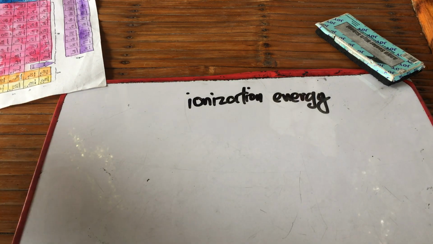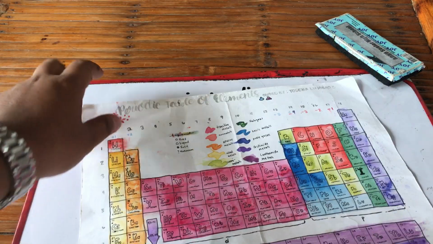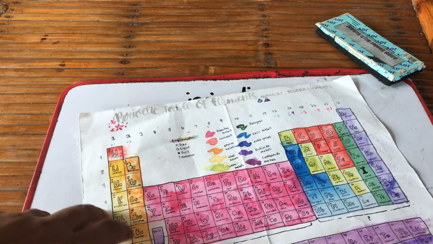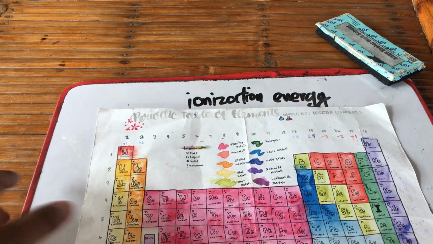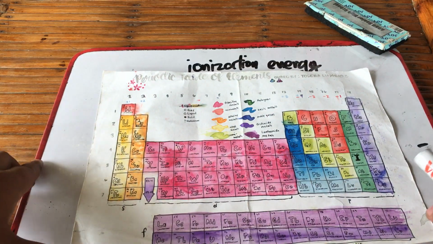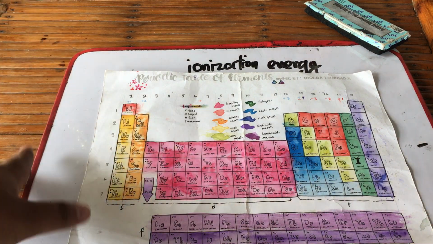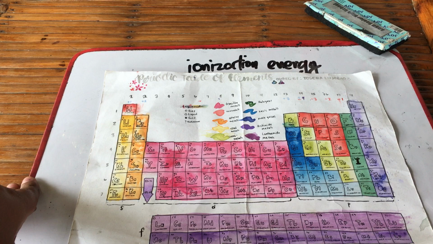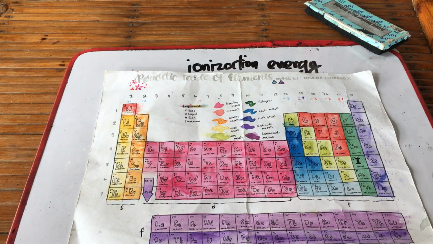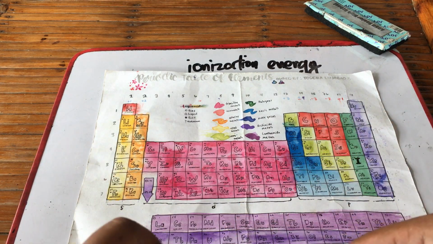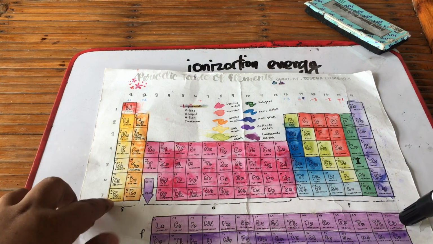Now what do we mean by ionization energy? Ionization energy is simply the energy needed to remove an electron or to ionize an atom. So question, what do you think will be easier to ionize?